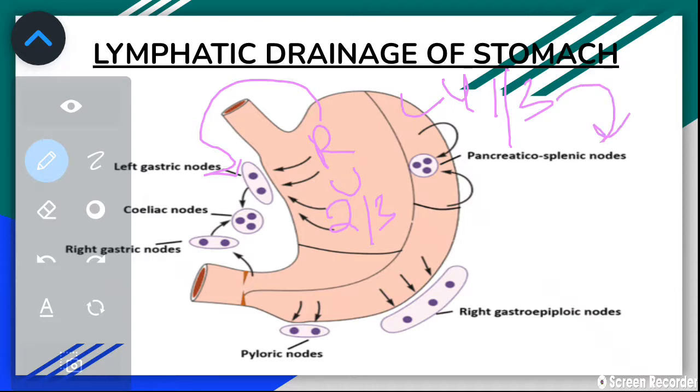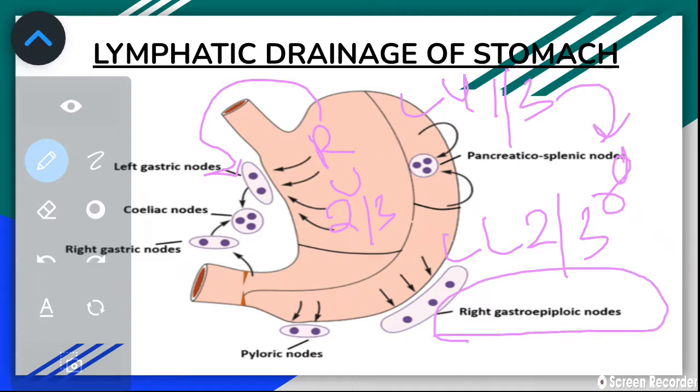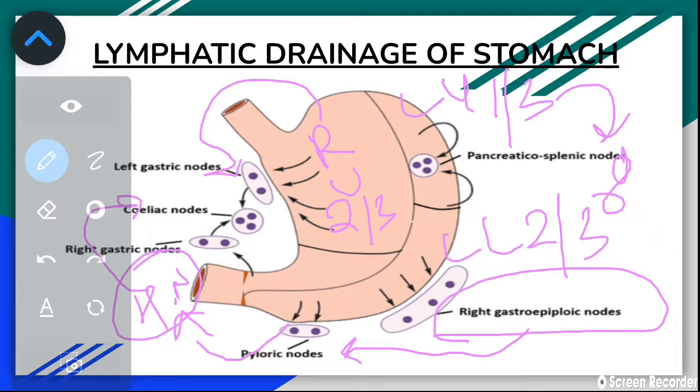Then we have the left lower 2/3 part. It drains its lymph into the right gastroepiploic node, which further passes it to the pyloric node, then to the hepatic node, and from the hepatic node finally to the celiac node.